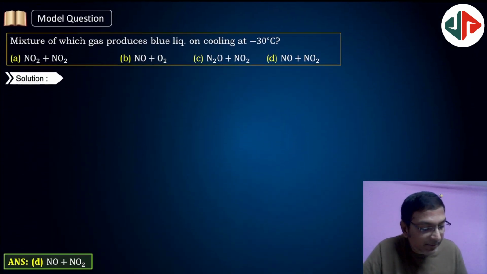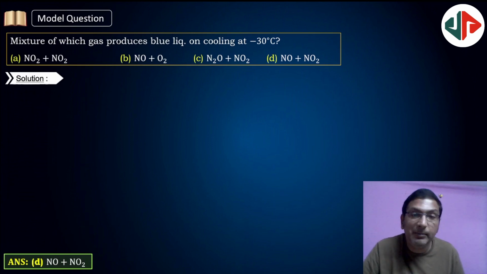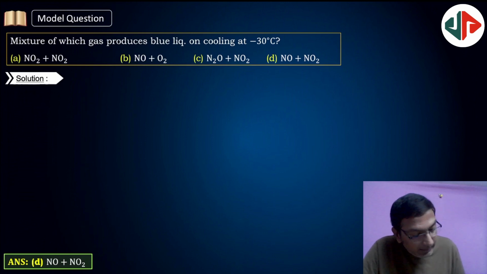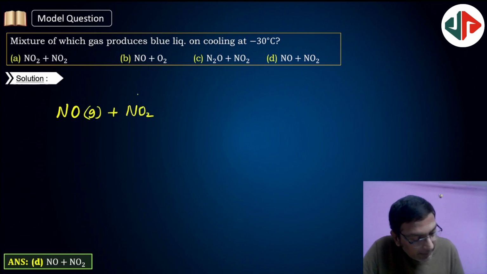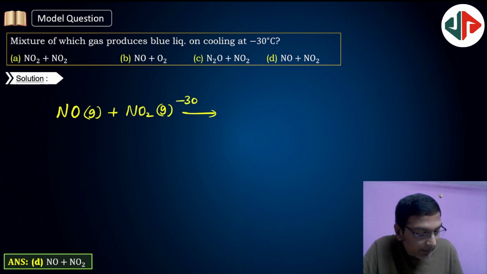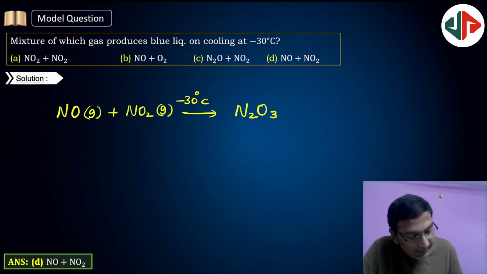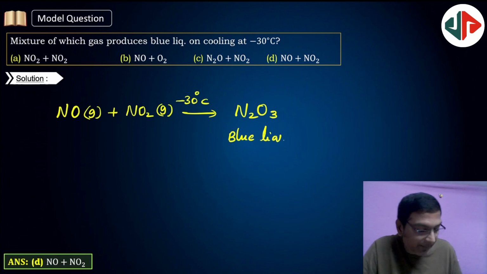Next. So mixture of which gas produces blue liquid on cooling at minus 30. So here NO gas combines with NO2 gas at minus 30 degrees centigrade forms N2O3 which is blue liquid.